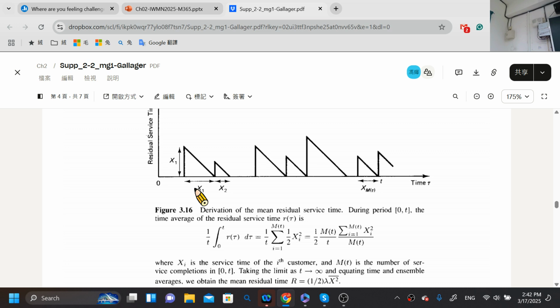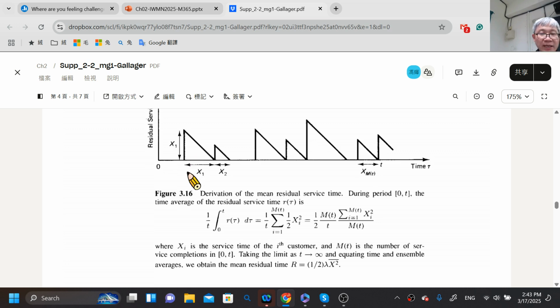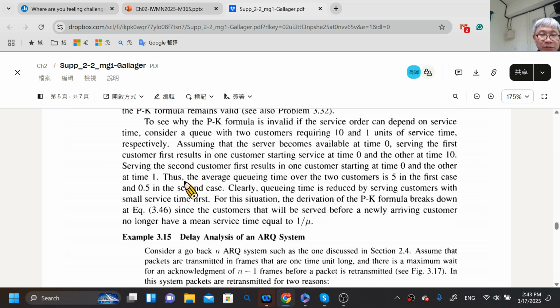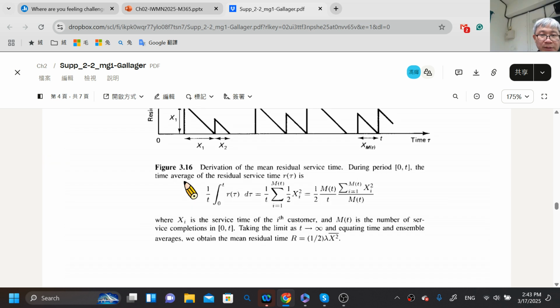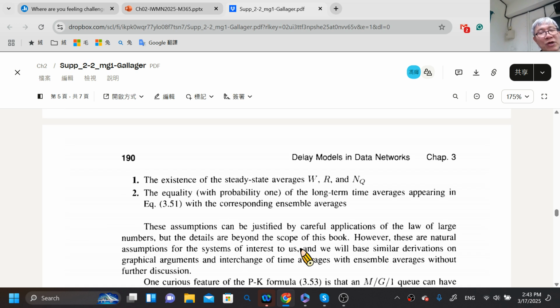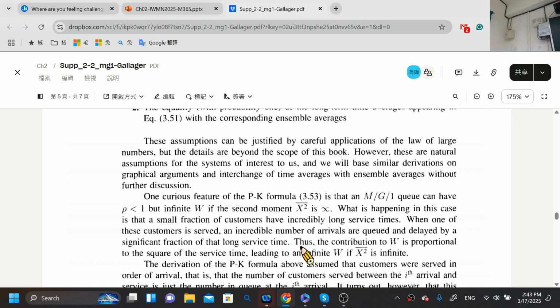We can have some relationship like this. Here, so that we have this. And with the previous relationship, we can have the DK formula. Now, this is a different approach we call mean value, and the mean value here is based on the time average concept to have the result.